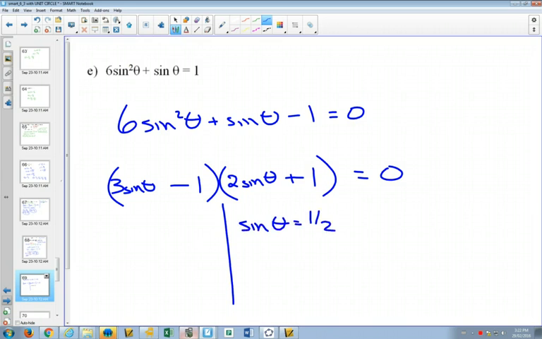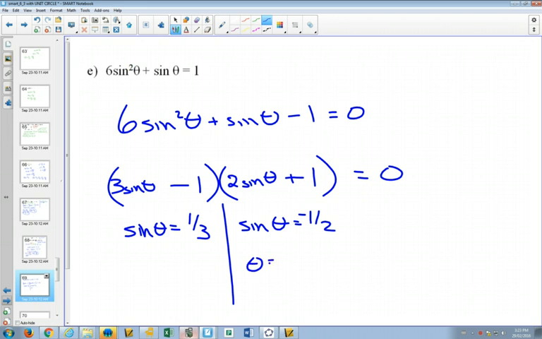We get sine theta equals 1/2, negative 1/2. And here sine theta is positive 1/3. Are any of these values on our pi plate? Yes, the 1/2 is. That is part of our pi over 6 family.